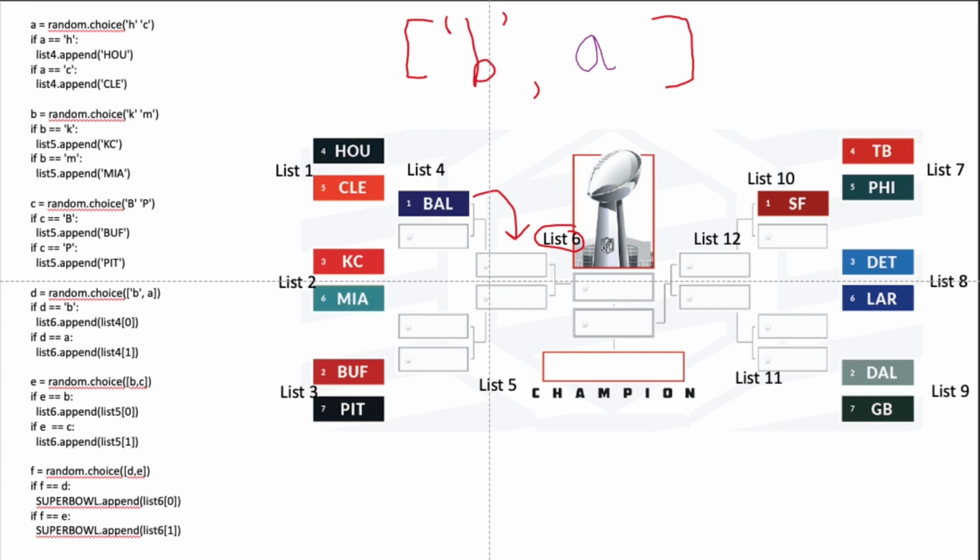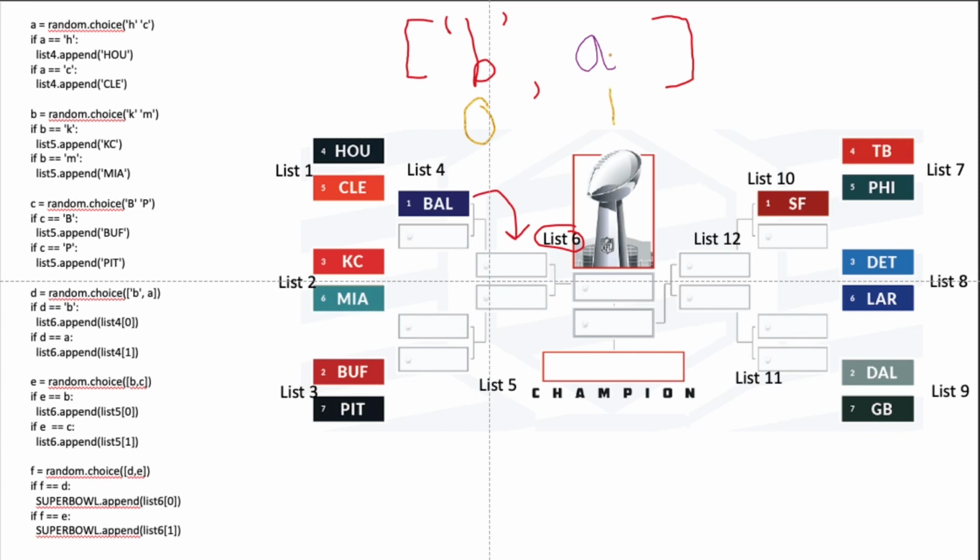So now it's going to randomly pick and say the Ravens win. So in lists, the first thing in the list, which should be the Ravens, is 0. Then the second thing would be 1. And that can get confusing sometimes, but it does work in the end.